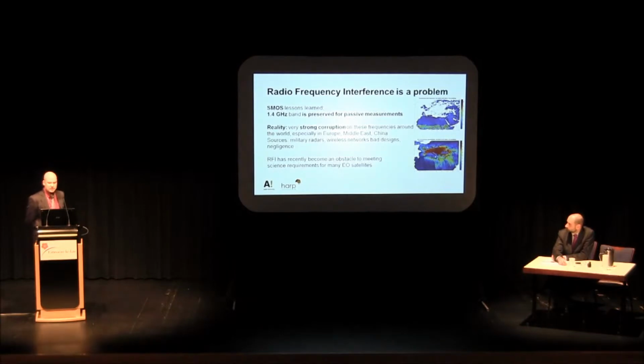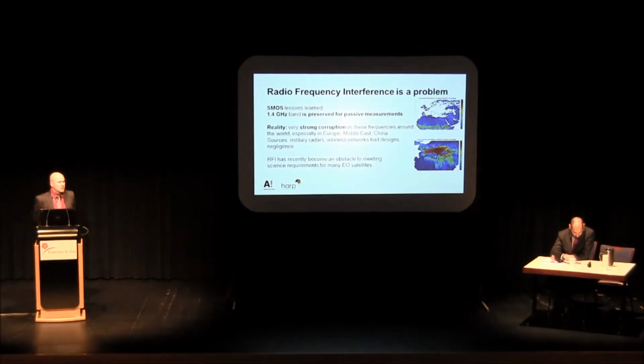In reality, there is a very strong corruption of these frequencies, with a lot of different kinds of sources constantly emitting radio frequencies on this very narrow 27 megahertz band. For the first two years, the SMOS mission was a constant struggle with these RFI sources. For some areas it was not even possible to make the maps and get the scientific data.